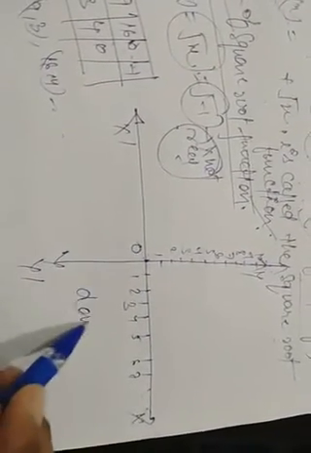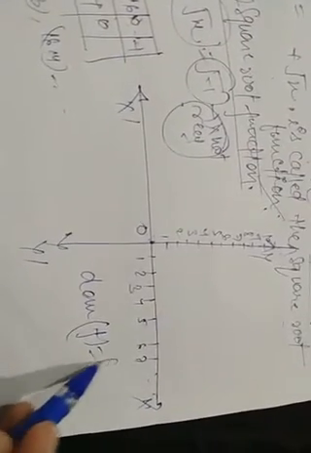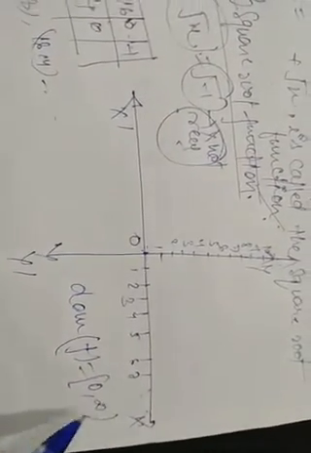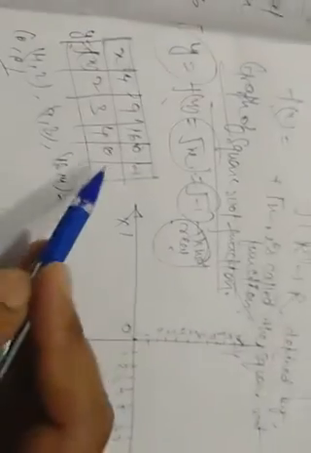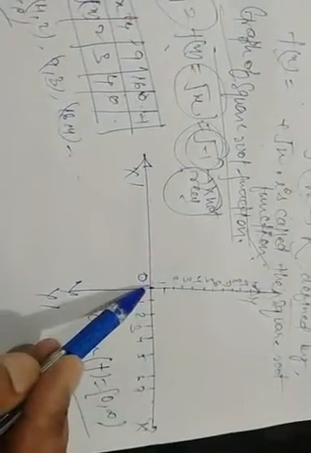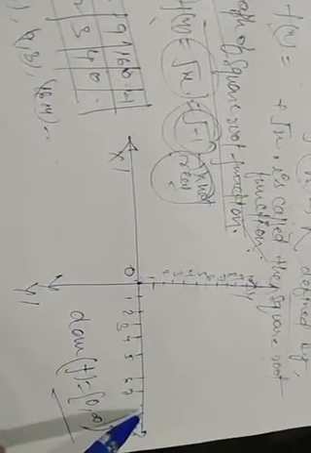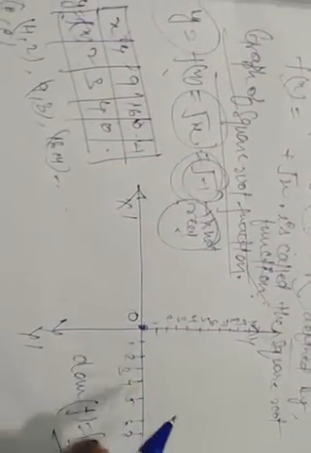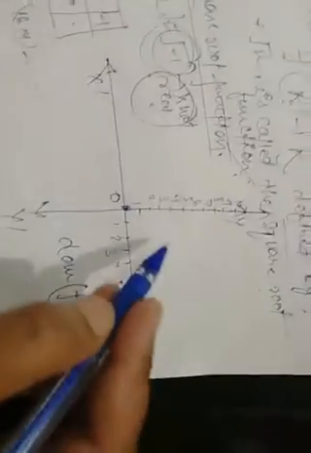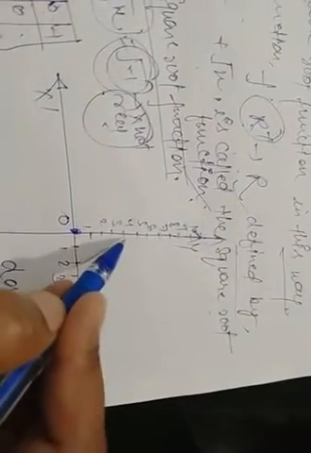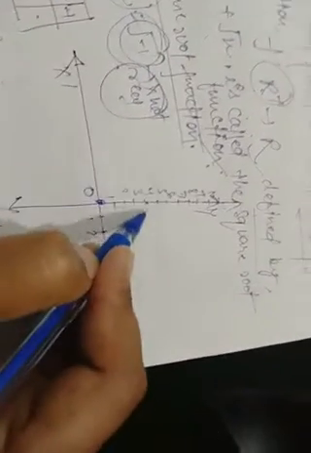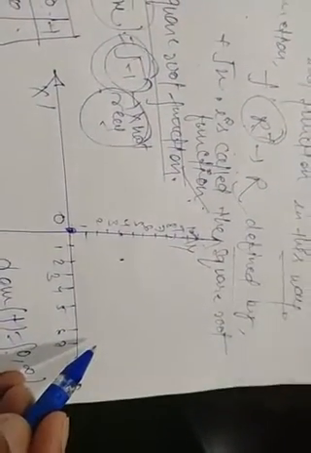So the domain of that function is 0 to infinity, because this function is defined only for 0 and above in the positive direction of x. We take (0, 0) at that point, and for x is 4, y is 2.